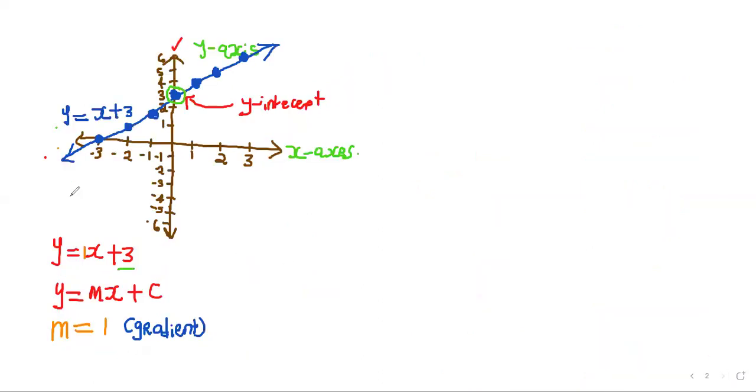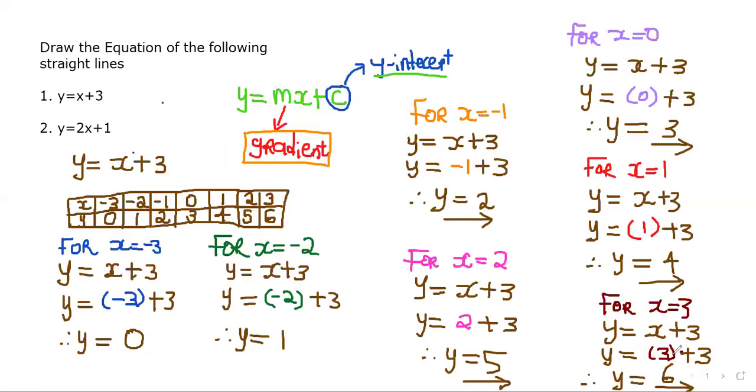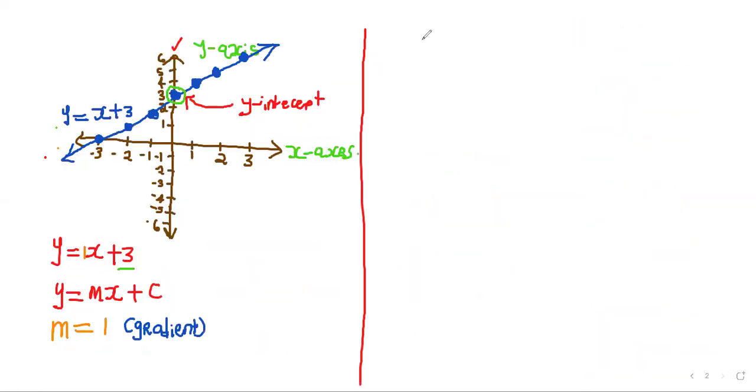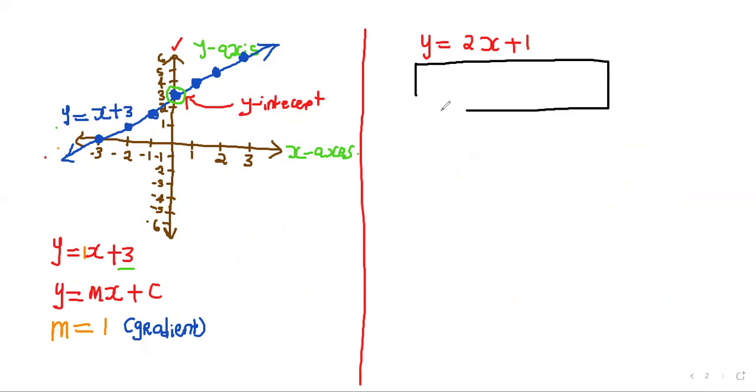Now let's make sure that we do the second question. On the second question, they want us to draw the equation y equals 2x plus 1. Remember that you must always have a table of values. Always draw a table of values using a ruler.